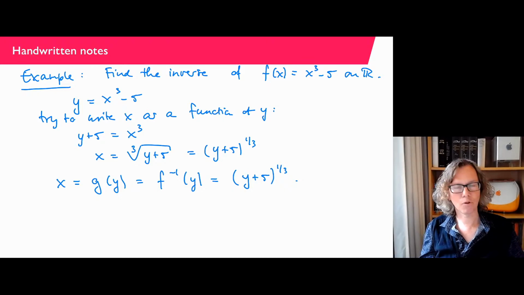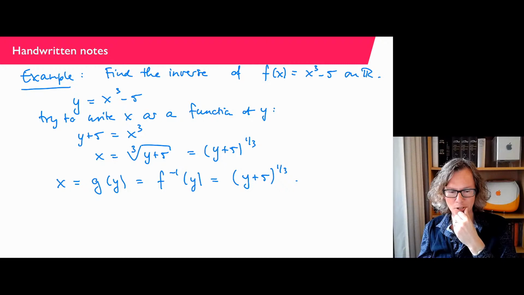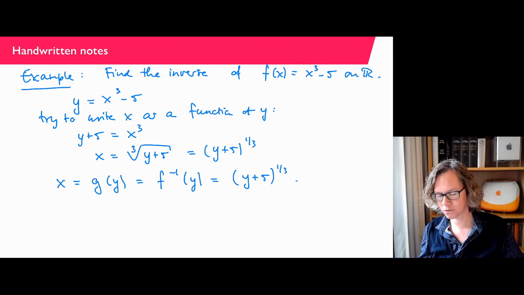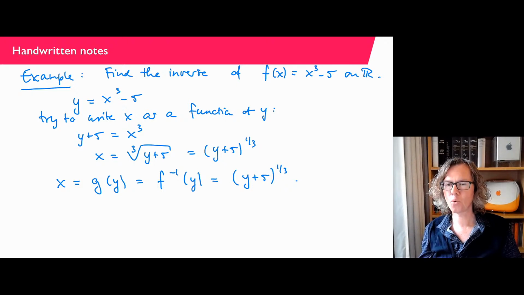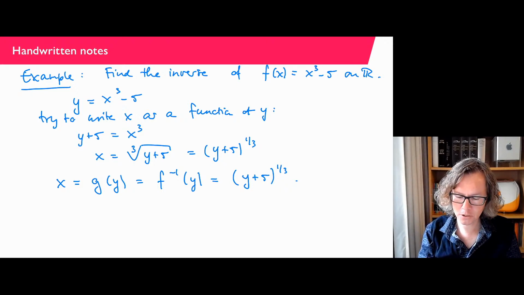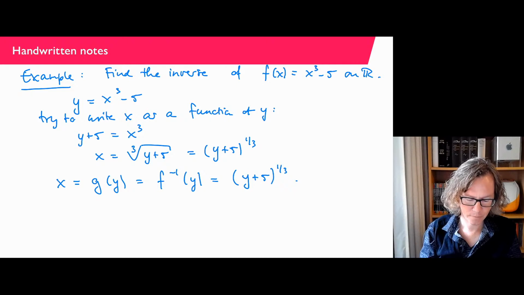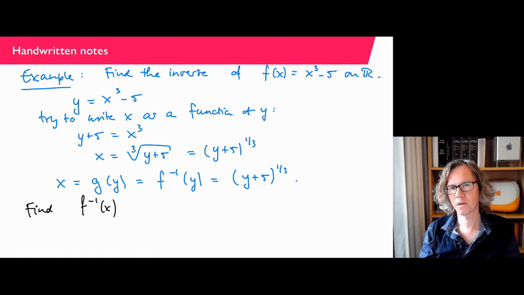Now, one more tricky thing, especially if you're doing online questions, the online test or the online practices: sometimes the question is stated as find f inverse of x.